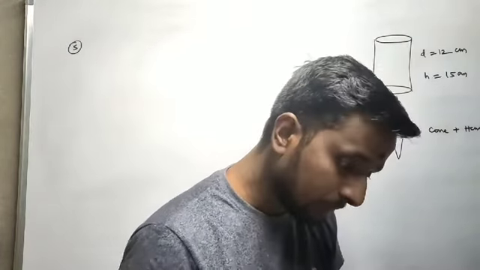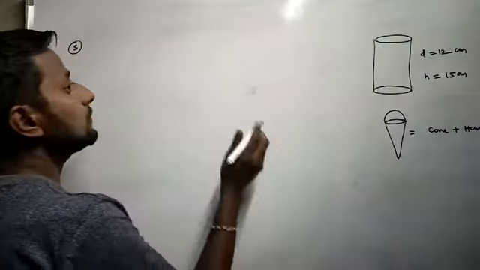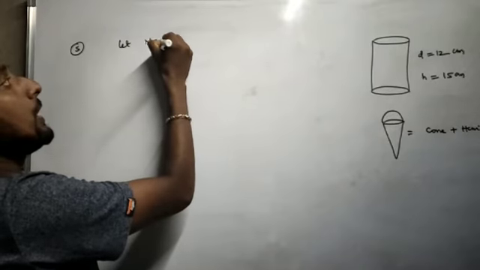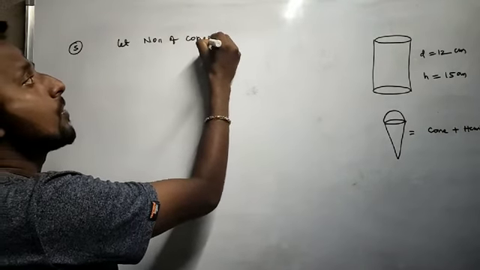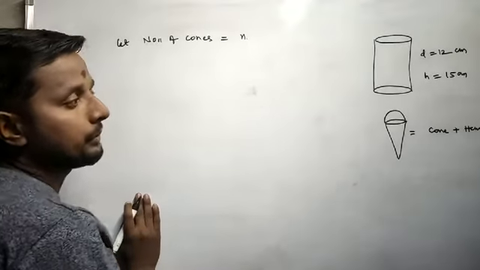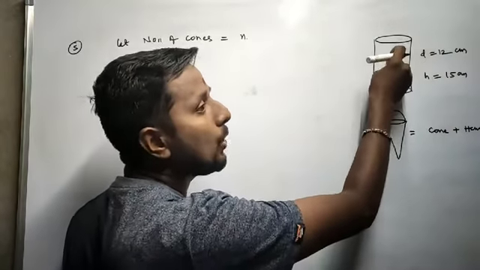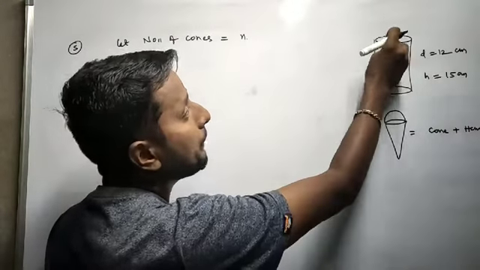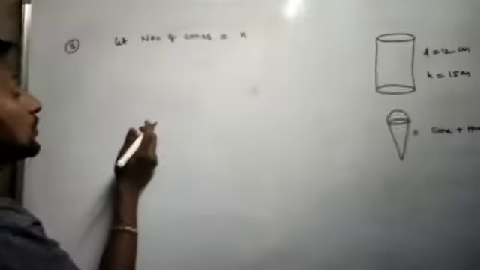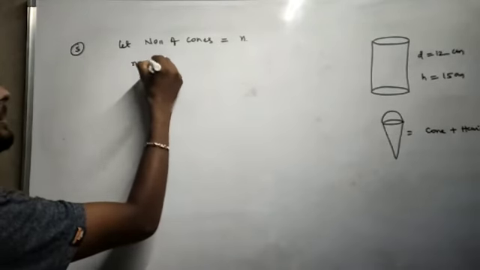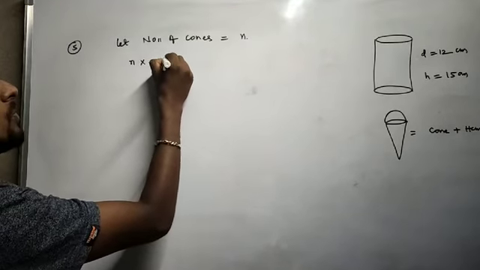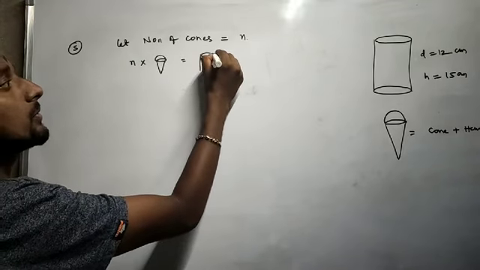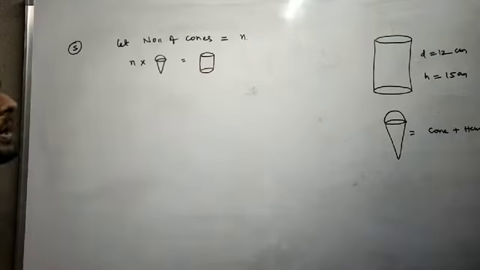So simply, let the number of cones be equal to n. In the cylindrical container, we can put n number of cones. So here I'll write n cones equals cylinder.